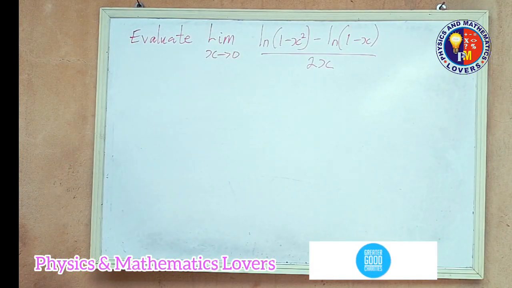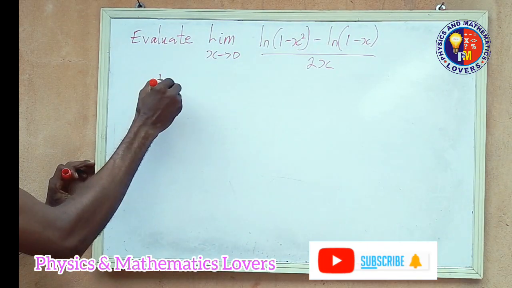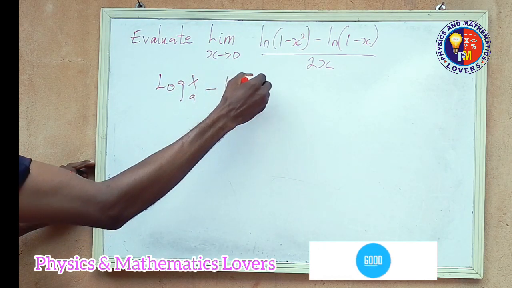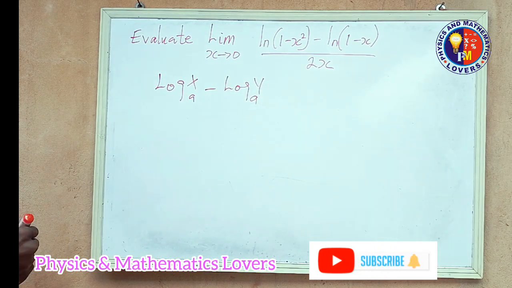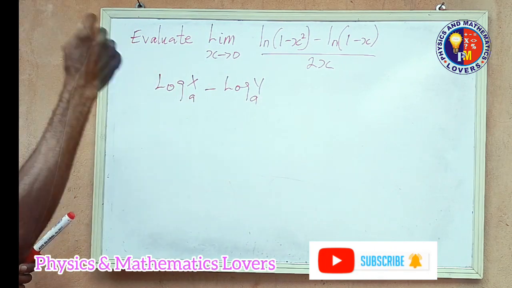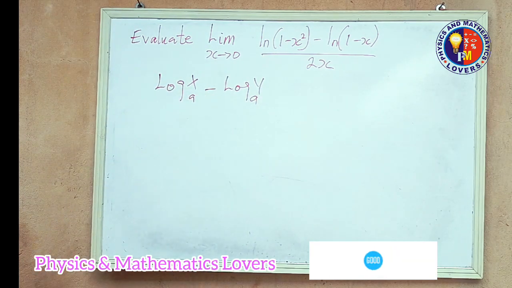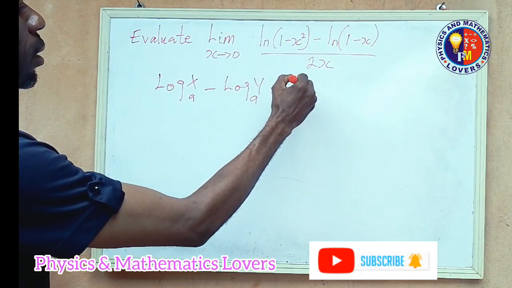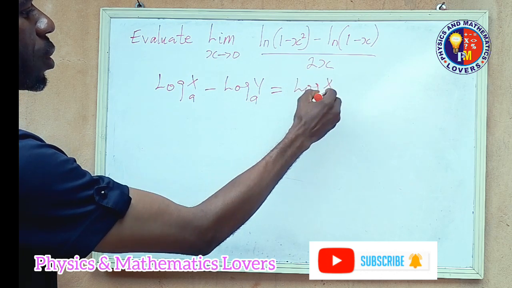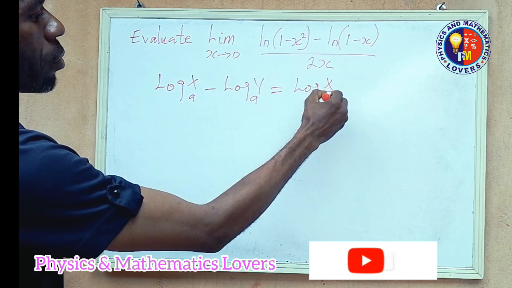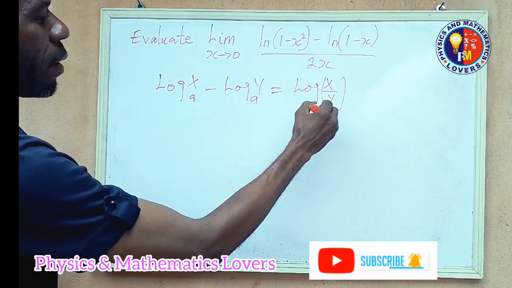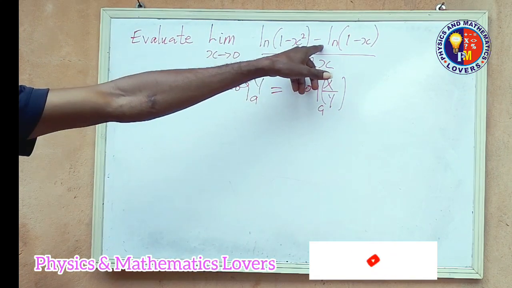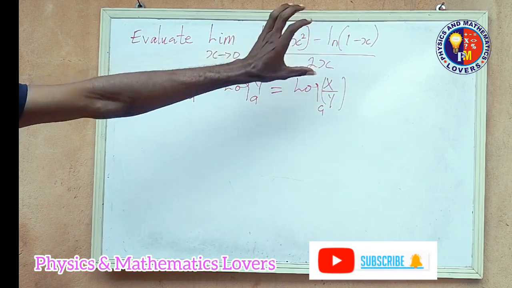Remember the law that says if I have log x to base a minus log y to base a, meaning a common base separated by minus, it gives us log of x over y. So the same thing is going to happen here. We are going to combine this together.